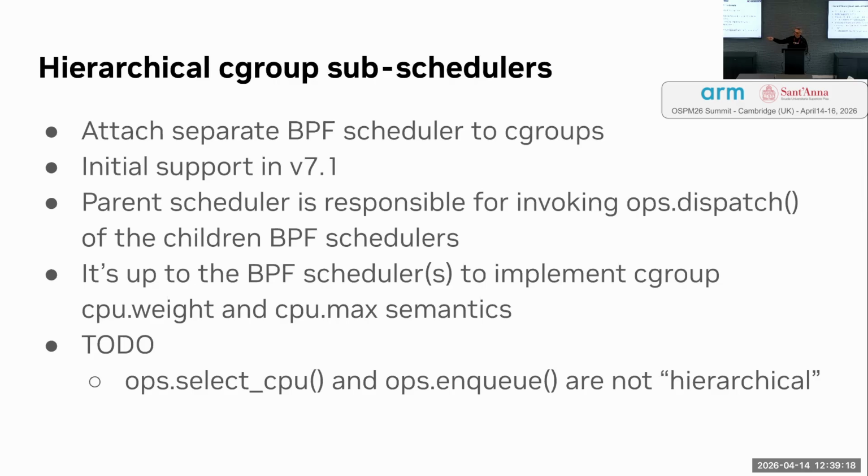The scheduler part is just invoking ops dispatch, which will invoke the ops dispatch of the sub-scheduler, the children, and do their own scheduling thingies. That's the design. I wasn't a big fan of this. I'm not trying to justify. No, because I understand the concept, and it can be useful.